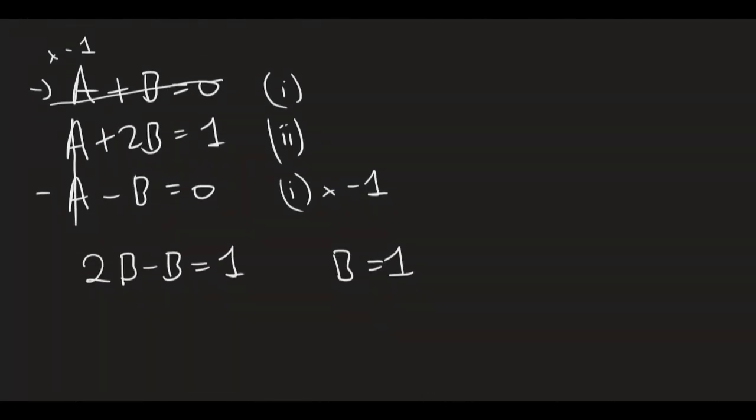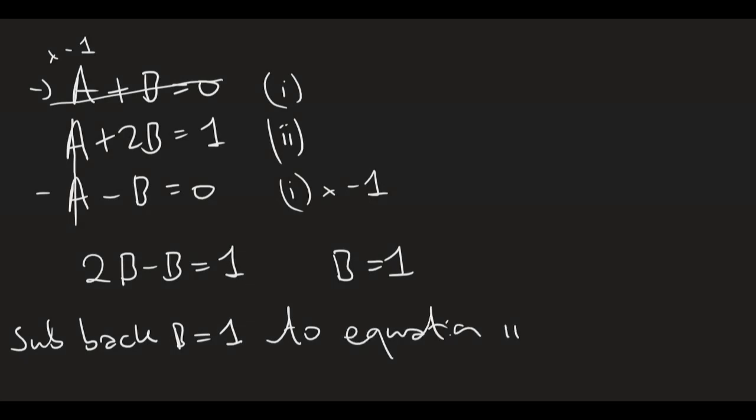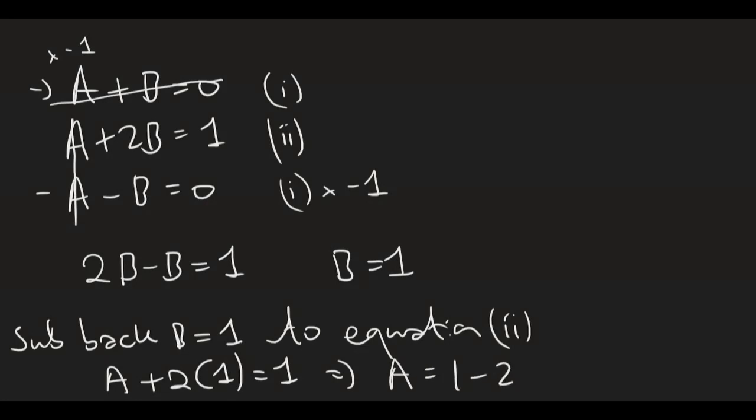And now we can substitute that back into equation 2. So a plus 2 times 1 equals 1. Then a is equal to 1 minus 2, which is equal to minus 1.